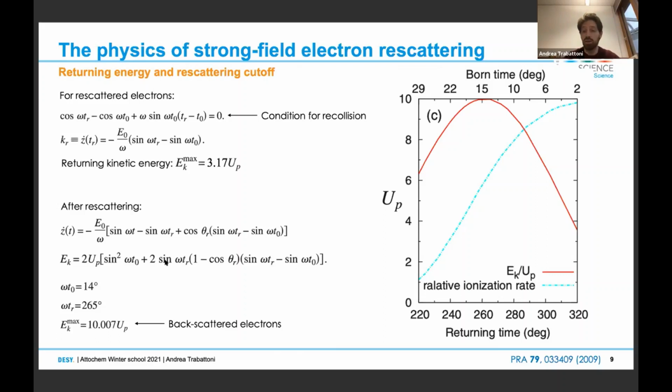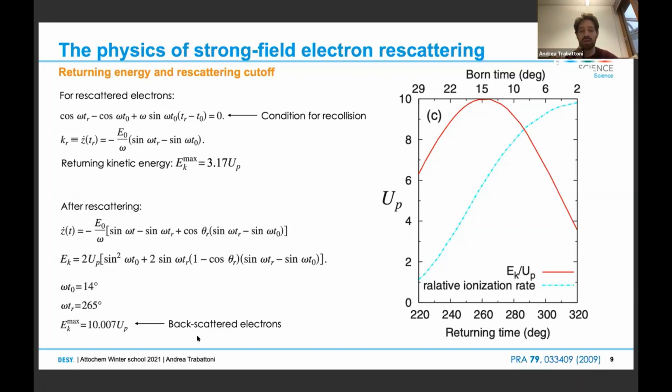In order to maximize it, you have to consider backscattered electrons, with the angle of rescattering equal to pi. And you can see numerically that if the phase of ionization is around 14 degrees and the phase of recollision is around 265, the maximum kinetic energy is around 10 times Up.